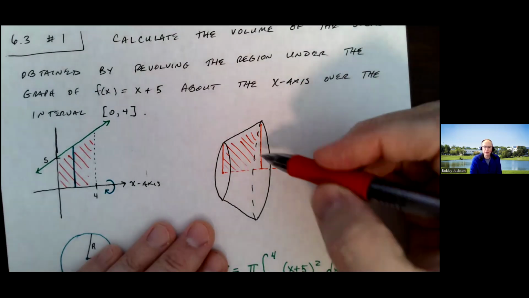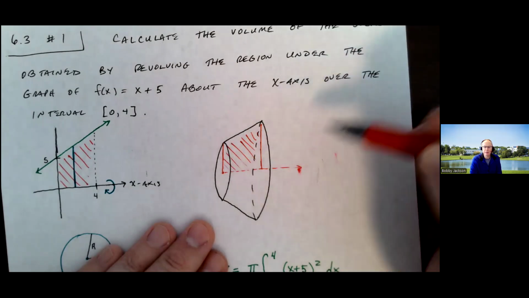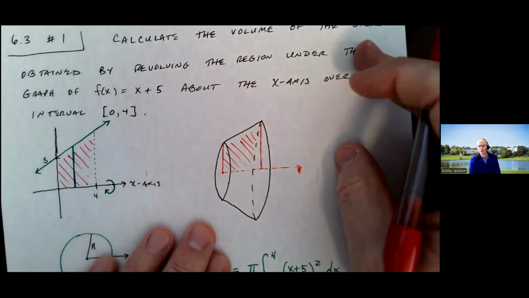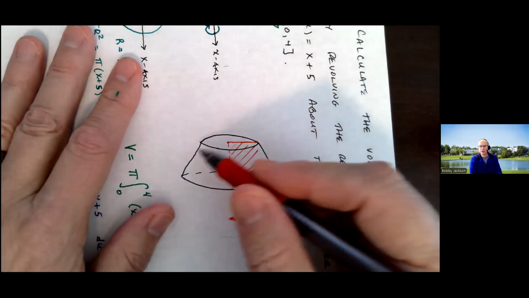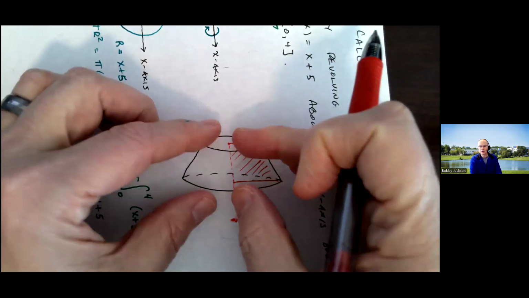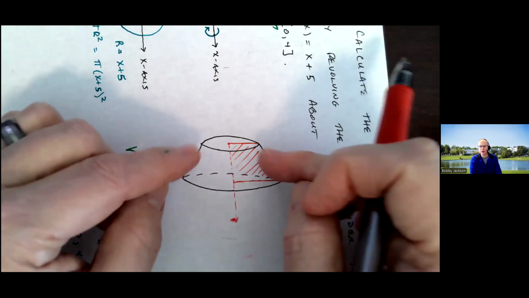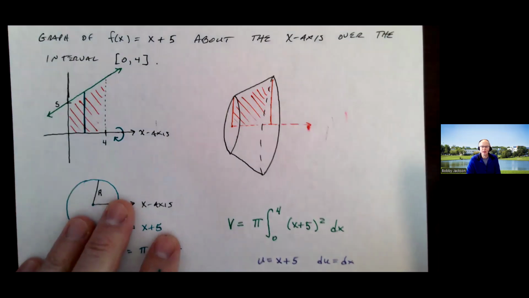And what we're computing is the volume, the capacity inside this object. It looks like a lampshade, but again, we're finding the volume, the inside. Or maybe this is like a little platform that you put on the ground and you stand on. I don't know. At any rate, there is the solid.